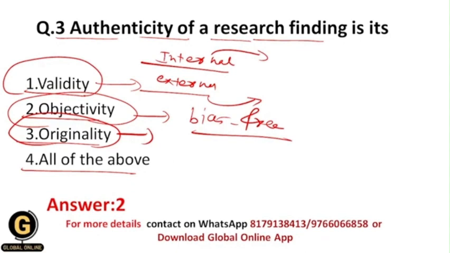Okay, and it includes validity as well as originality, and that's why the correct answer to this question is objectivity, not all of the above. Because you can give the authenticity of a research finding in terms of its objectivity, not its validity, and not its originality. Okay, all of you getting? I hope all of you understood, but still if you have any doubts, you can ask me in the comment box.